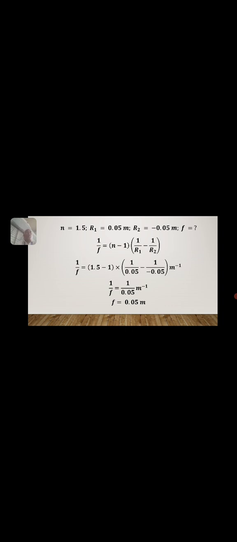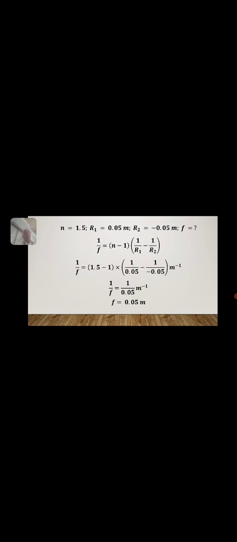Putting the values in this equation, that is 1 upon f equals (1.5 minus 1), where 1.5 is the value of n, into (1 upon 0.05 minus 1 upon minus 0.05) m raised to minus 1.